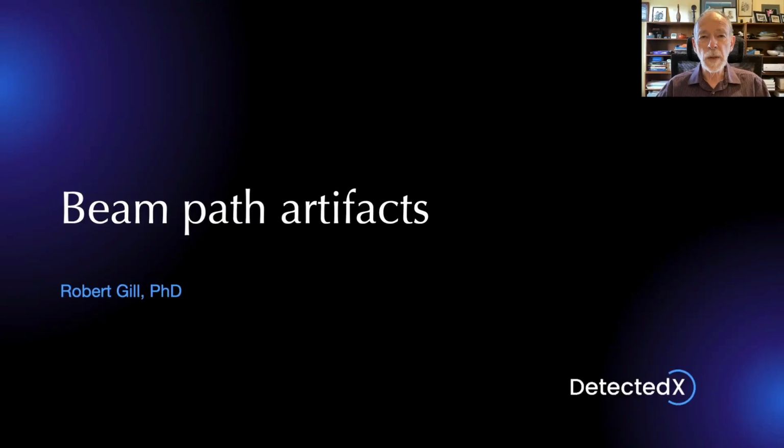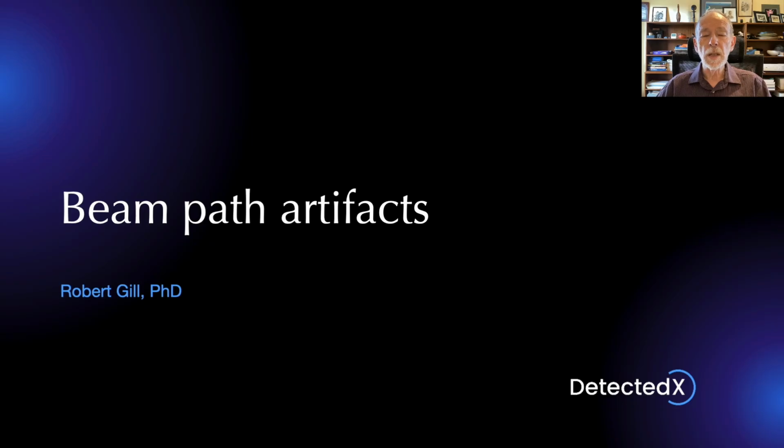Hello. We're now going to look at the final category of artifacts in ultrasound imaging, and this is artifacts that relate to the beam path. The ultrasound machine, in forming the image, assumes that the beam is a straight line and that the ultrasound always travels along that straight line, and therefore echoes come from that straight line.